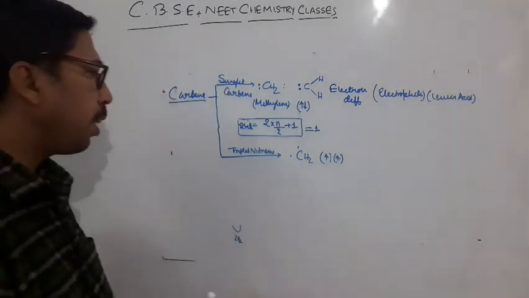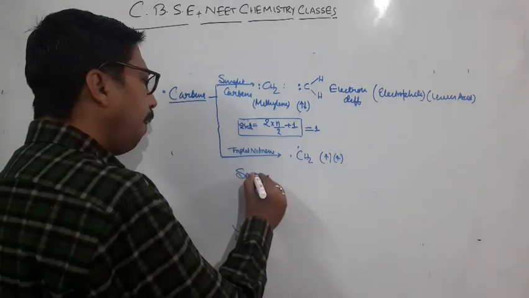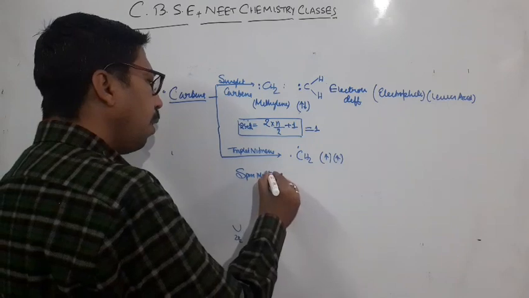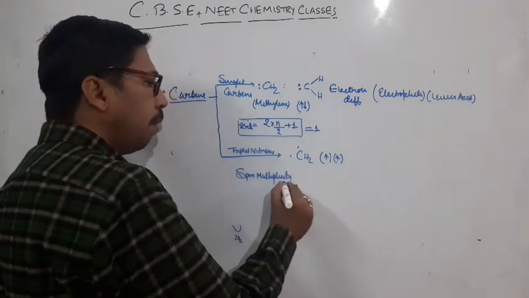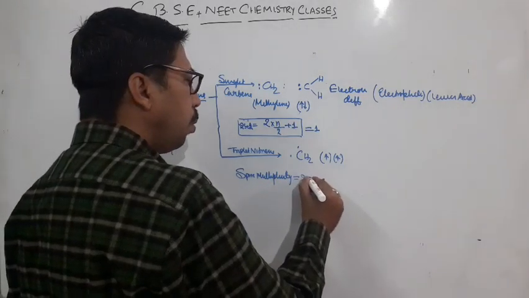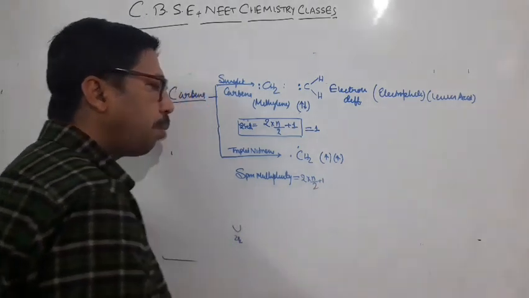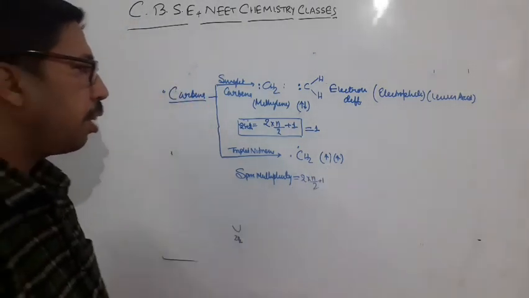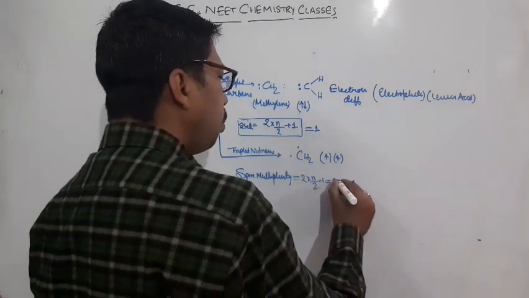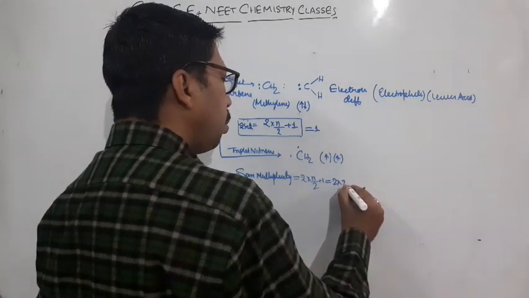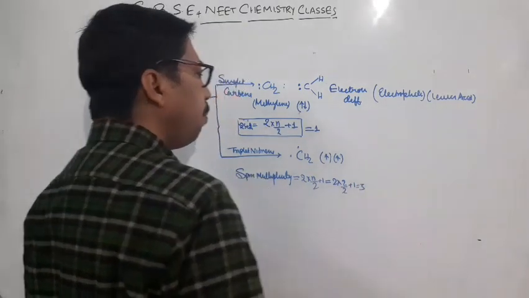So it is triplet carbene, and spin multiplicity equal to 2 into n by 2. N simply represent number of unpaired electron. In this case, you can see that number of unpaired electrons are 2. So 2 into 2 by 2 plus 1, which means 3.